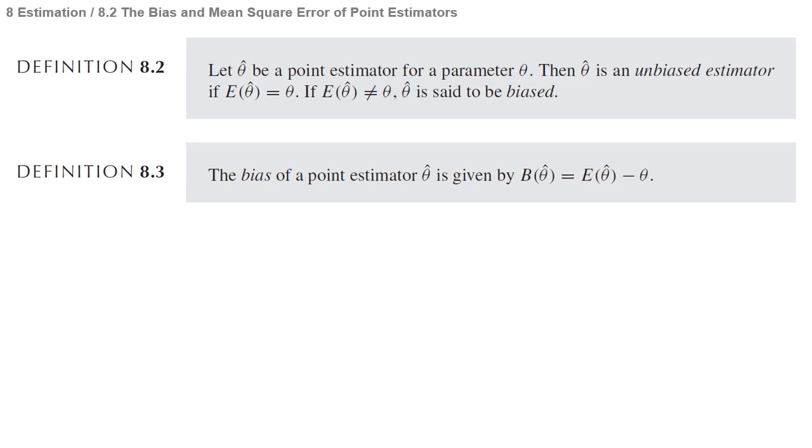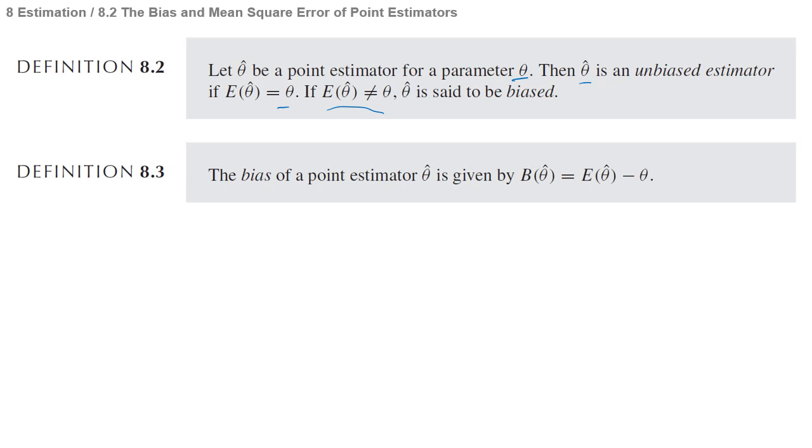Here are definitions 8.2 and 8.3. Let theta hat be a point estimator for a parameter theta. Then theta hat is an unbiased estimator if the expected value of theta hat is equal to theta. If the expected value of theta hat is not equal to theta, then theta hat is said to be biased.